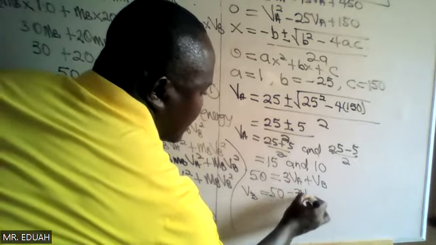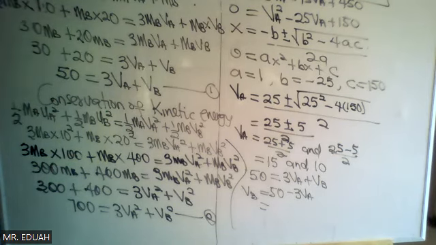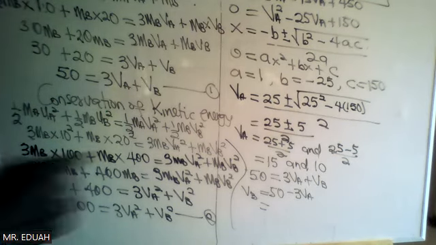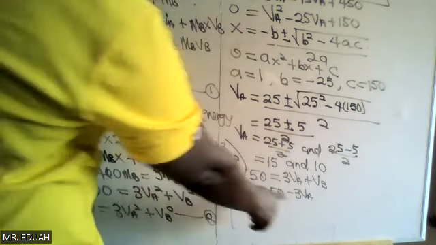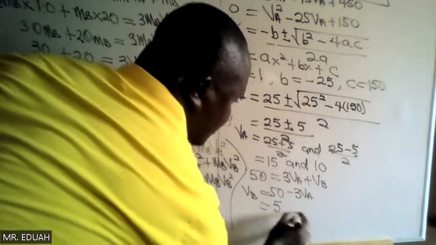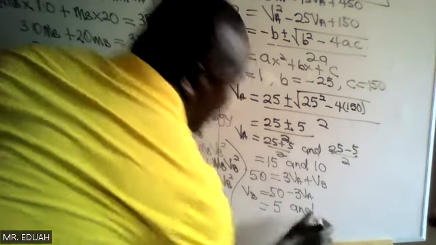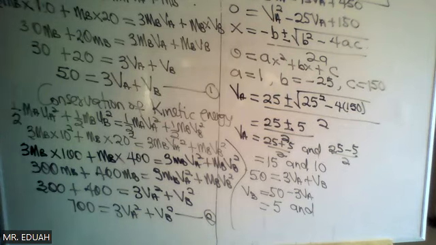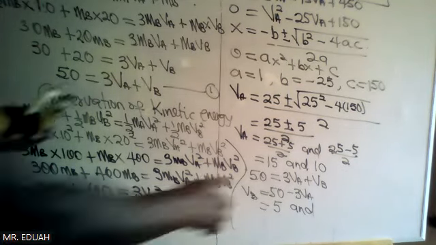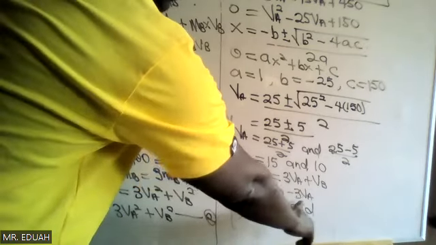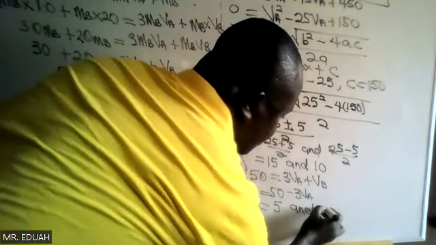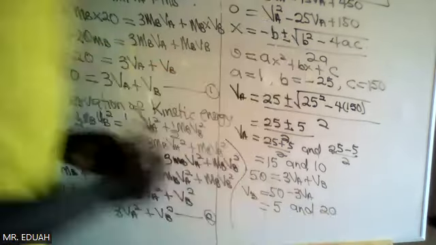The first possible value of VB would be, for VA of 15, 15 times 3 is 45, so 5. And for the other value of VA, 10, 50 minus 30 will be 20. So these are the two possible values.